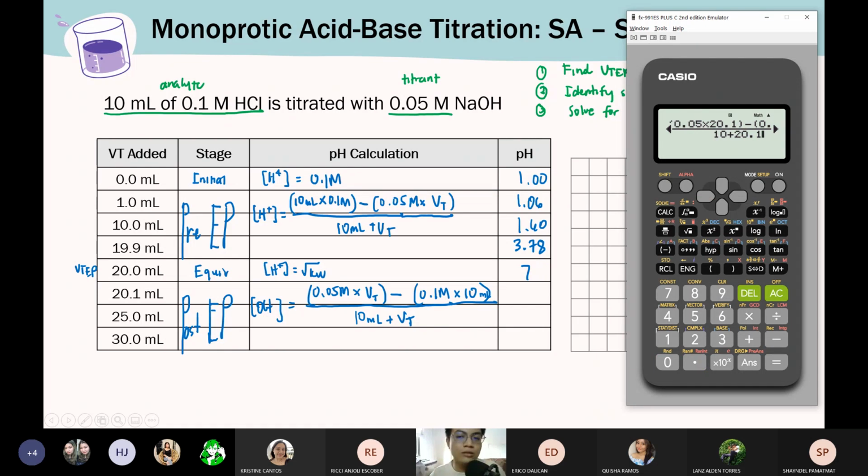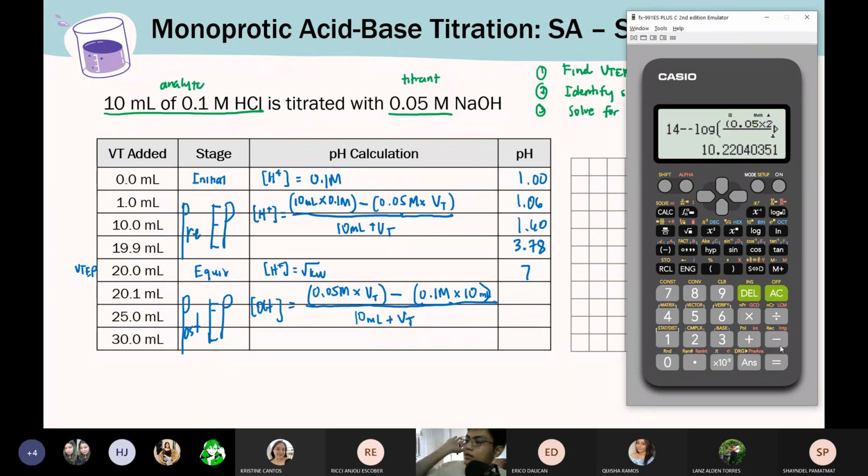At pag pinindot ko equal sign, pH agad lalabas. Okay? Kasi ginawa ko 14 minus negative log na. Okay, so it's basically 14 minus the POH.